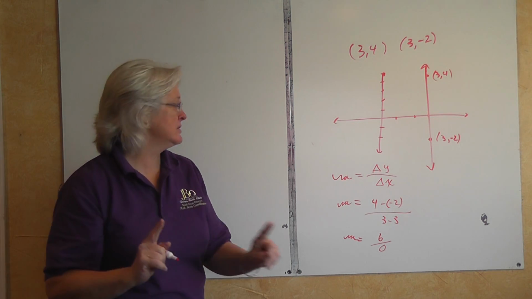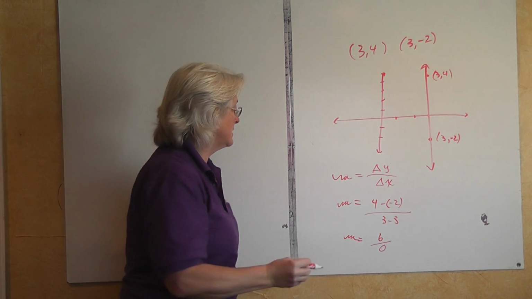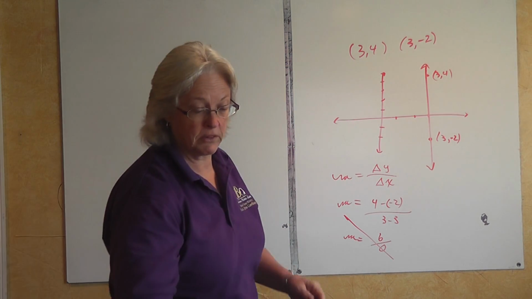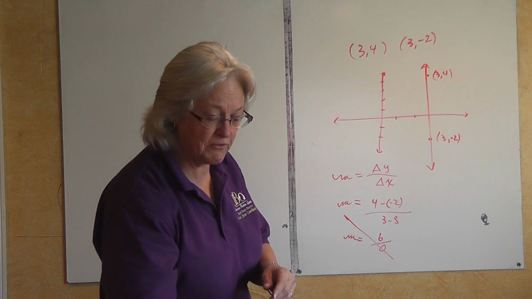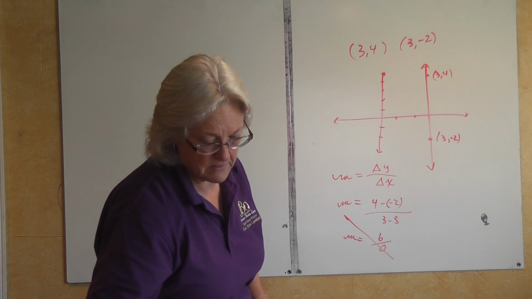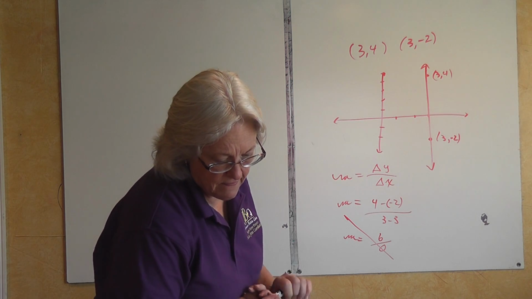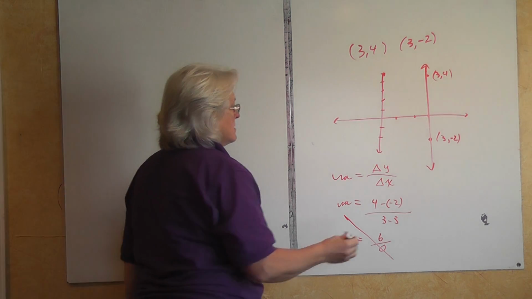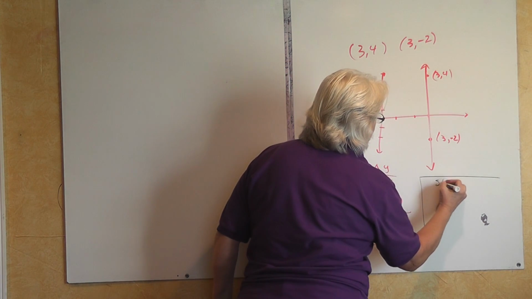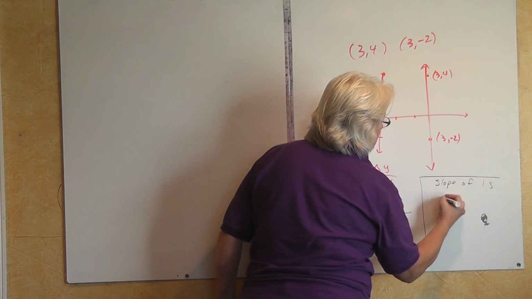No, remember our definitions. You cannot divide anything by 0. So, this is your very important thing to remember about the slope of a vertical line. The slope of a vertical line is undefined.